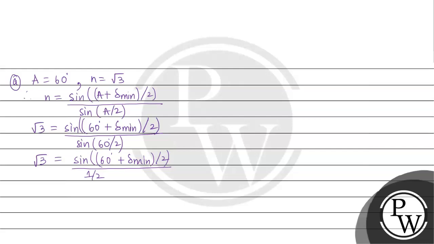So this becomes root 3 by 2 equals sin (60 degree plus delta min) upon 2. With the help of this key concept, root 3 by 2 is sin 60 degree, so sin 60 degree equals sin (60 degree plus delta min) by 2.